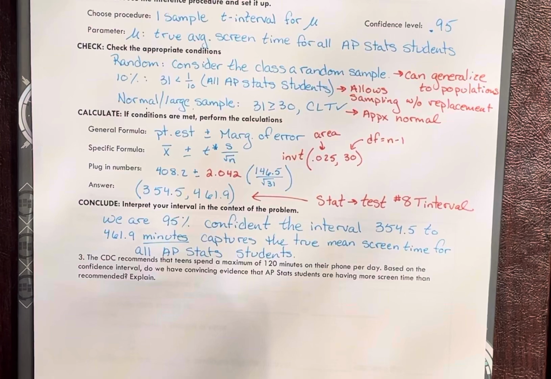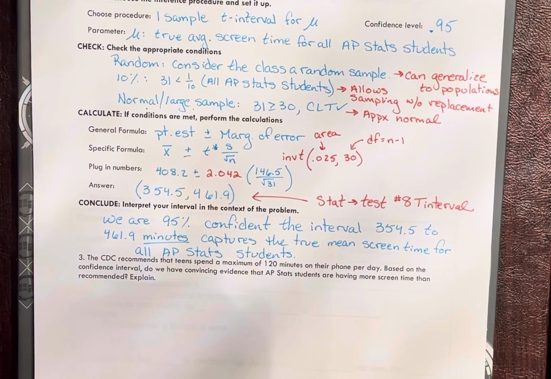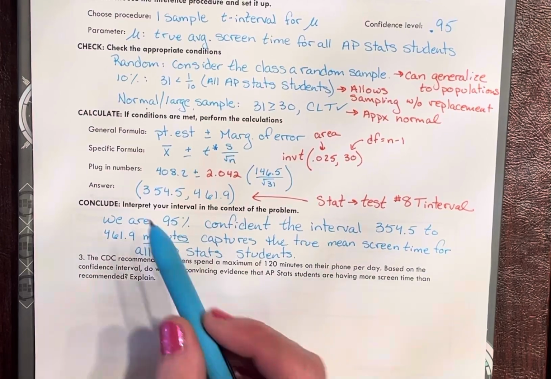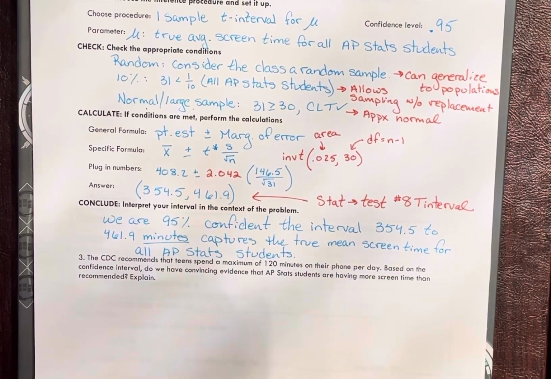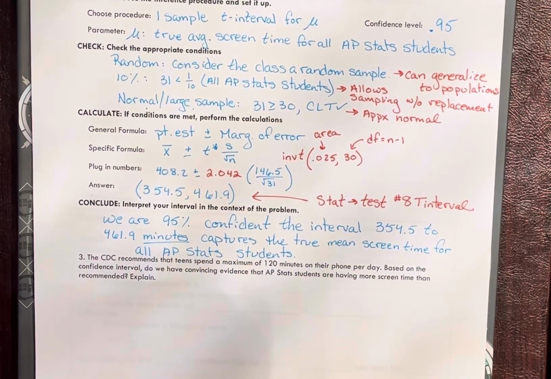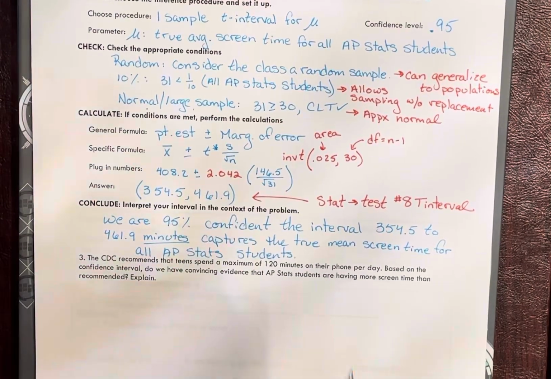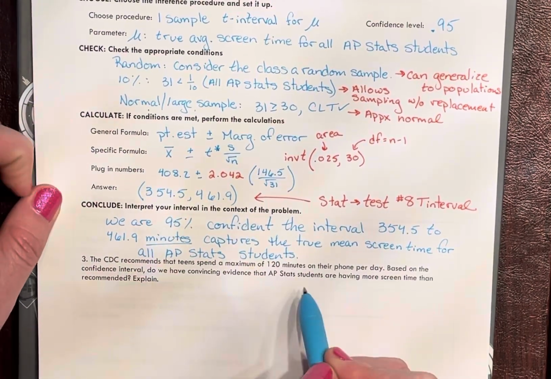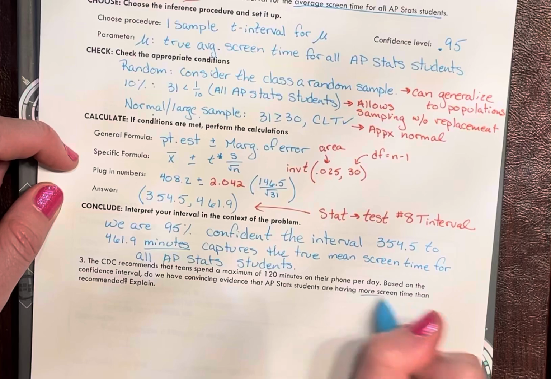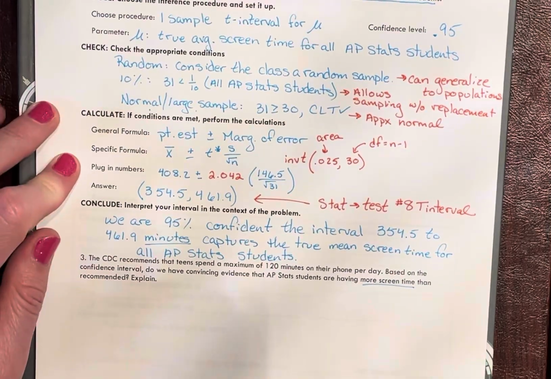All right, then the CDC recommends that teens spend a maximum of 120 minutes on their phone per day. Based on my interval, what are we thinking? We got this interval, 354 to 461. CDC says we should spend 120 minutes. Do we have convincing evidence AP Stats students are having more screen time than recommended?